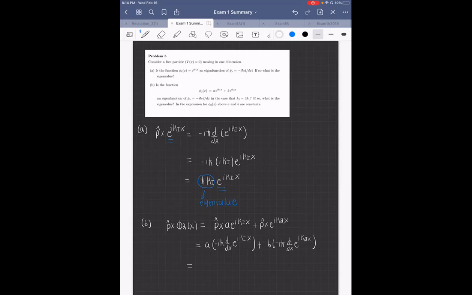Okay. We saw this before. We found it to be H bar K1. That's going to be the opposite. So it's going to be negative H bar K2. And that'll be e to the i K2 x.